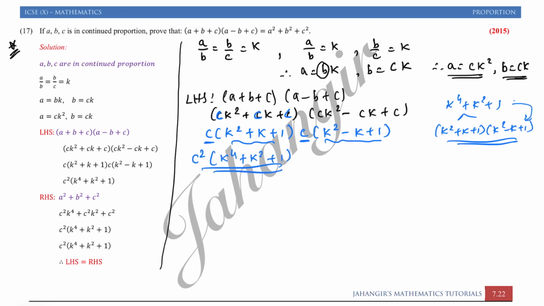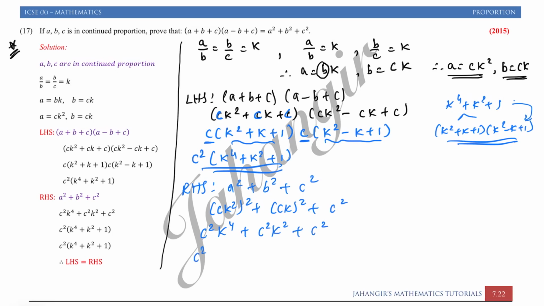This is LHS. Now for RHS, again I will put the values A square plus B square plus C square. So A square is CK square whole square plus CK whole square plus C square. So I can write C square K raised to 4 plus C square K square plus C square.